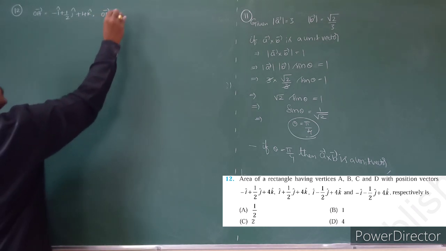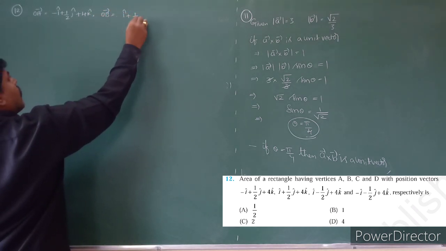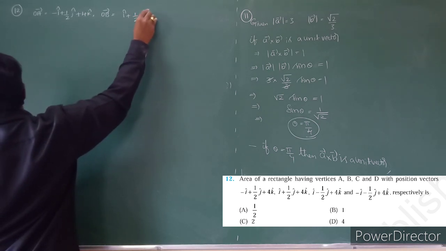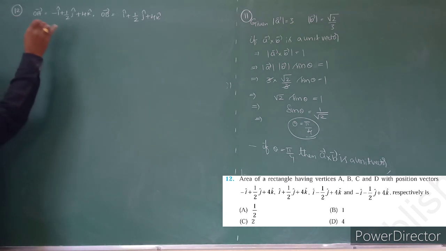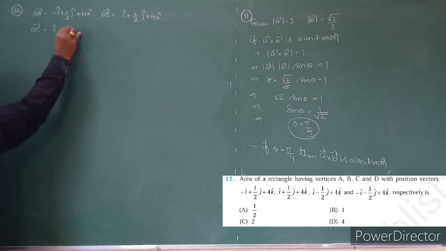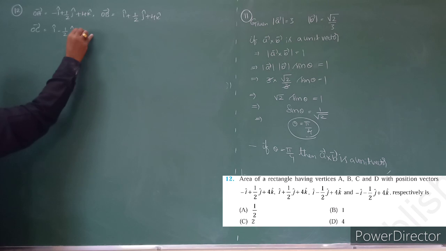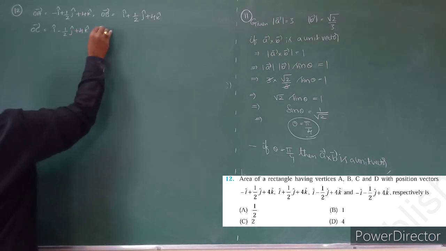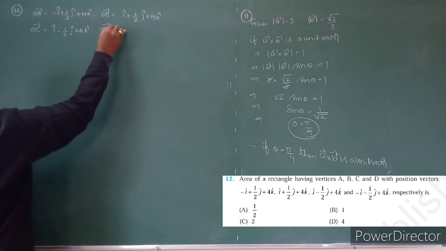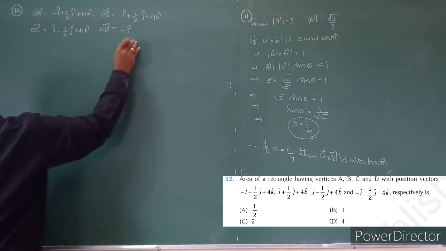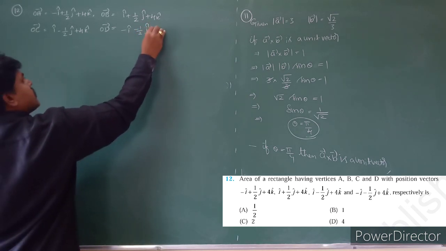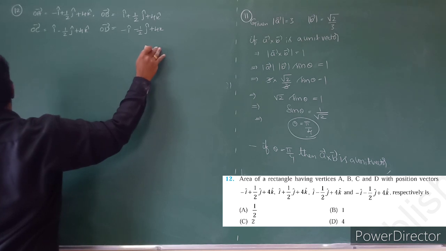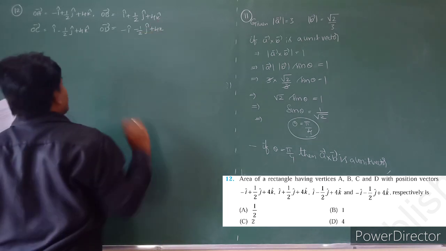OB bar is equal to i plus half j plus 4k, and OC bar is equal to i minus 1 by 2 into j plus 4k, and OD bar is equal to minus i minus 1 by 2 into j plus 4k respectively. So these points are given.